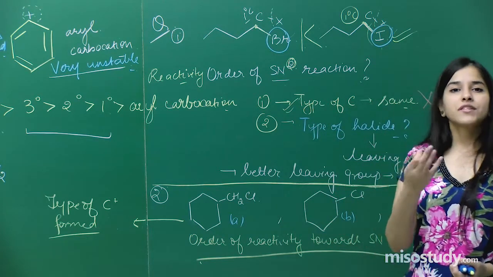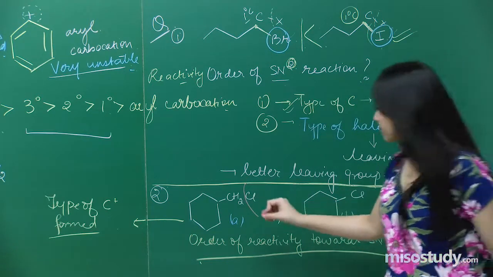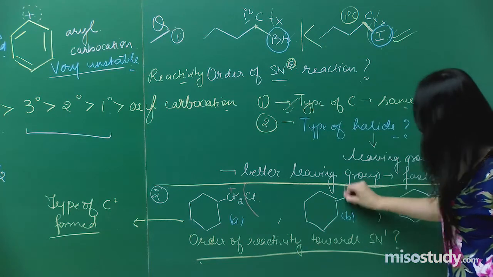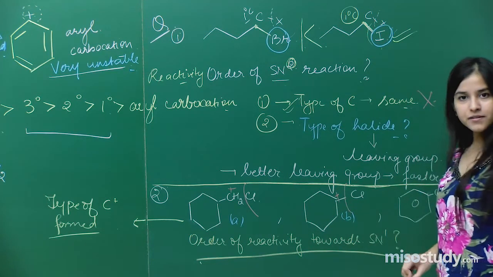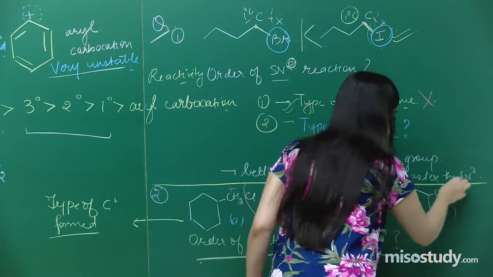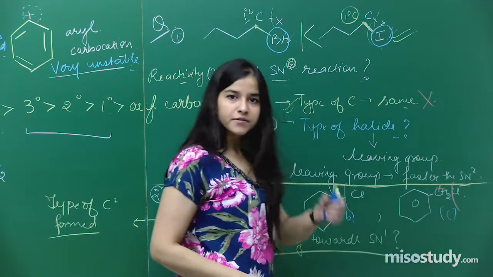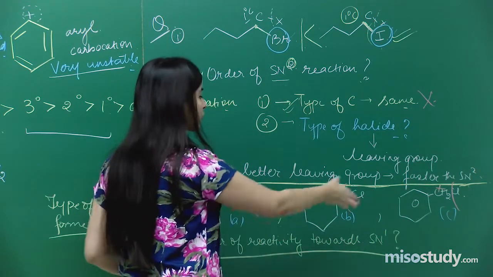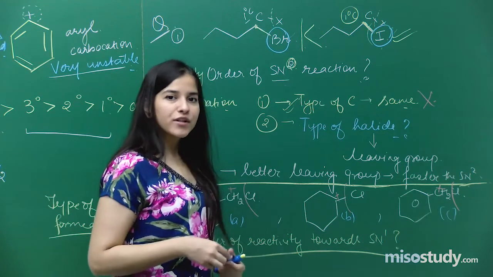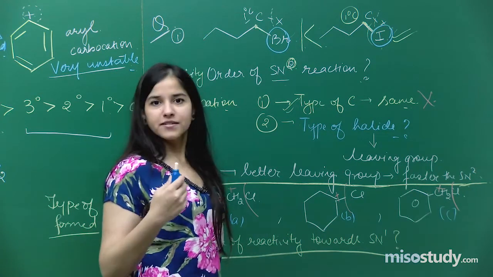So where will the positive charge come up? Positive charge here, next positive charge here, and for the third, I remove this and the positive charge comes up here. So now I have three carbocations generated. What is the order of reactivity of the carbocations? That will give our answer.